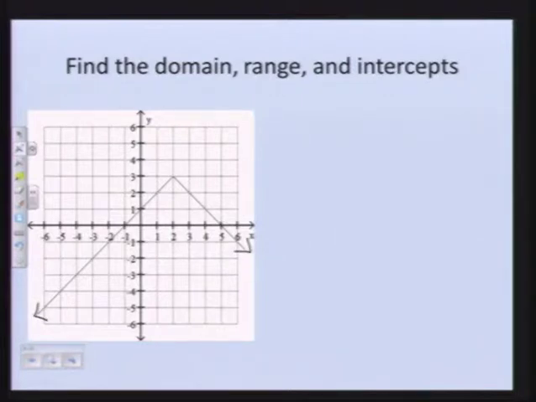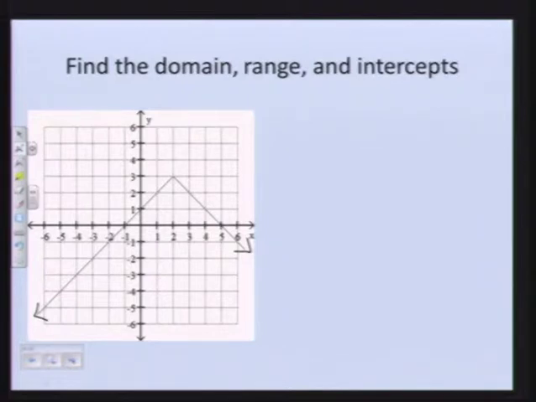So as you can see, this graph is going to be infinite. This graph has arrows on both sides. The graph is also solid. What I mean by solid is that there's no open circles in the graph, there's no holes, there's no breaks, there's no gaps, however you want to look at it.